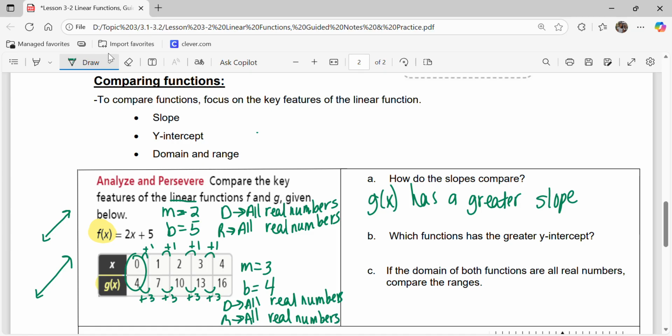F of x has a 5, g of x has a 4, so f of x has a greater y-intercept. Then, if the domains are both real numbers, compare the ranges. Both ranges are also all real numbers.